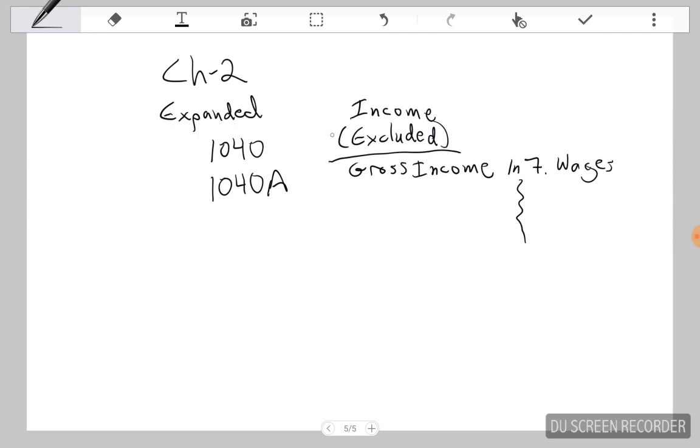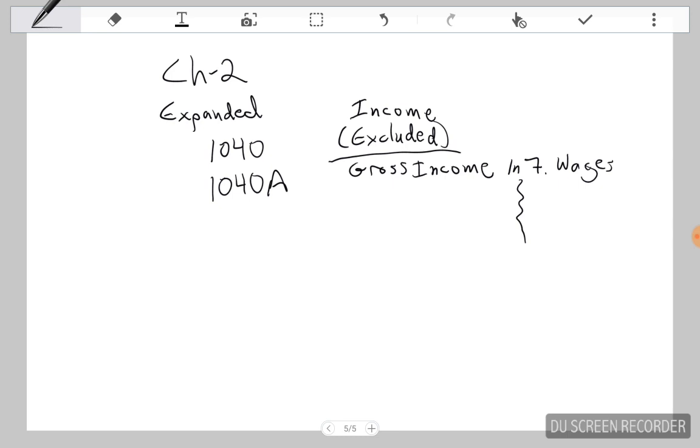Now, what is an exclusion? So basically, an exclusion is something that's not taxed. An example of that would be if you sell your primary residence, like if you own a home and you meet the requirements of that being your primary residence for several years, you can sell your house, and then a certain amount of what you make, the money you make, the profit or gain on selling the home, if you sell it for more than what you bought it for, then that'll be excluded from your income.